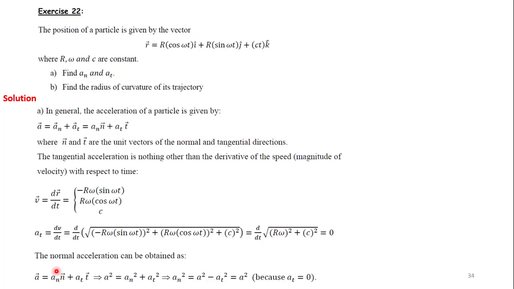Okay, here we had another method to find the normal acceleration. It's to write the definition of an, which is equal to v squared over the radius of curvature.